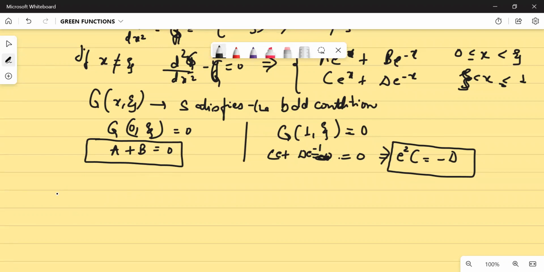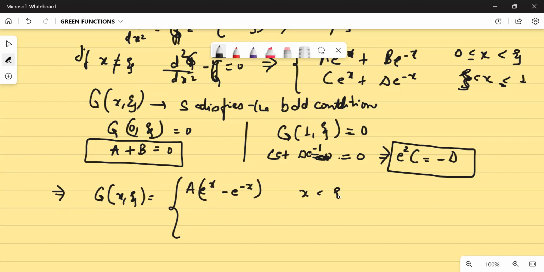What does this mean? It implies that your g as a function of x comma zeta, simply I can write as a e power x minus a e power minus x for all x lying between 0 and zeta, and for all x lying between zeta and 1, I can write it as c e power x minus e square c e power minus x.